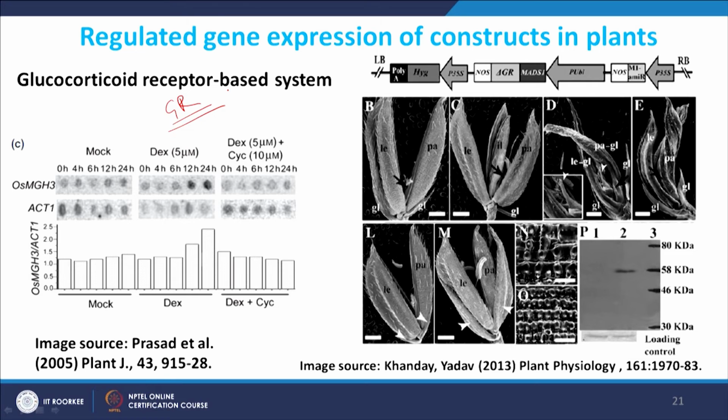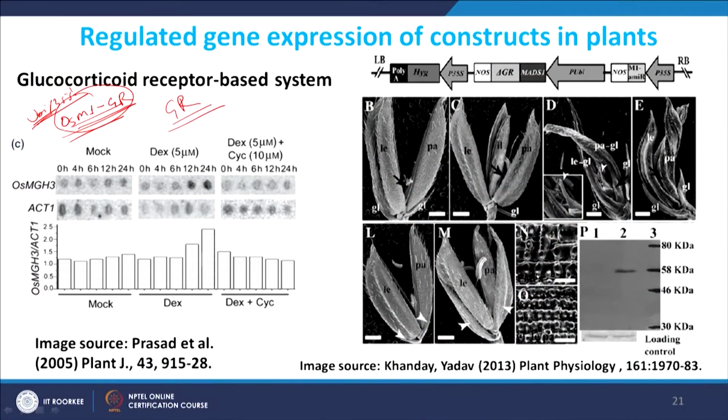Here is the example of MATS1. If I take the MATS1 gene, fuse it with delta GR and overexpress it under any broad promoter, say the 35S promoter, then what will happen? Under normal conditions, I have a high level of MATS1 expressed; the MATS1 delta GR fusion protein is already made and ready, but it is only present in the cytoplasm.